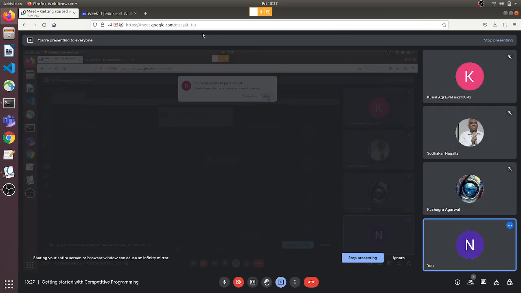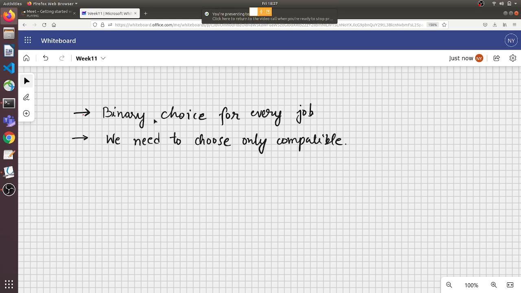The total number of subsets of compatible jobs would be 2 to the power n, because every subset is a set of compatible jobs. So the next point is that we need to choose only compatible jobs. That is the condition given in the question. Now what were you saying next?